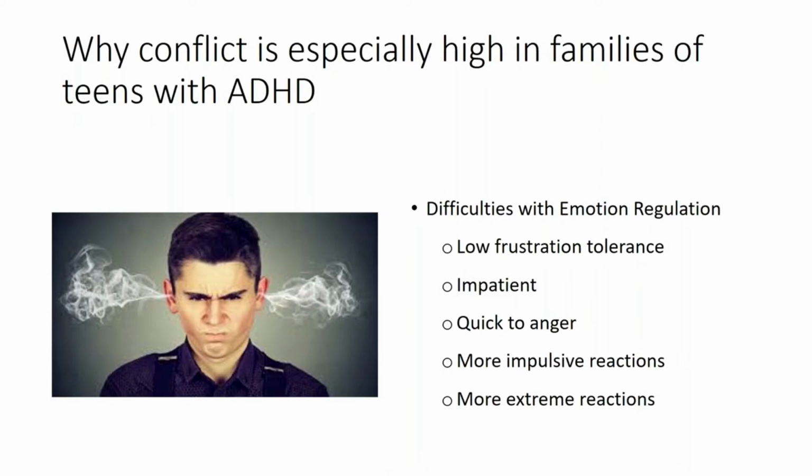This is especially true in frustrating or upsetting situations. And so teens with ADHD are more likely to show an impulsive or extreme reaction relative to other teens their age in these types of situations. These extreme reactions can often be very upsetting or embarrassing for parents and can cause additional conflict.